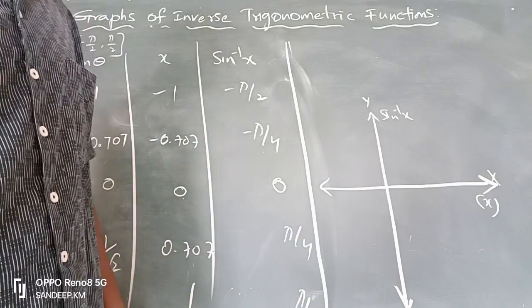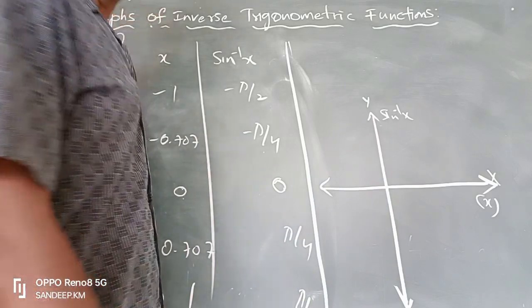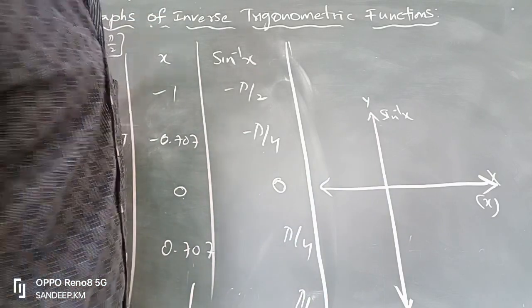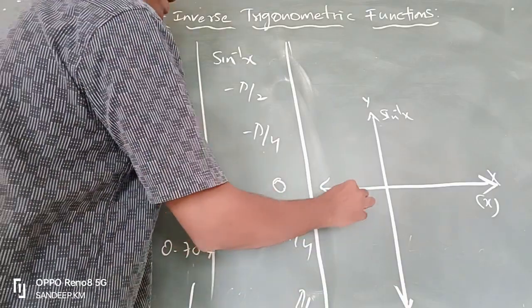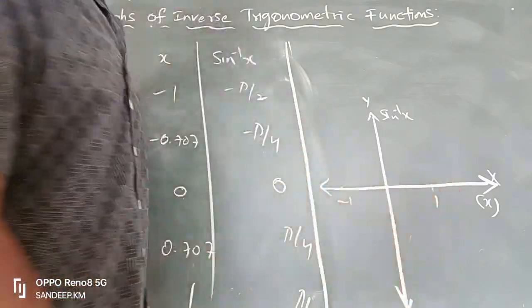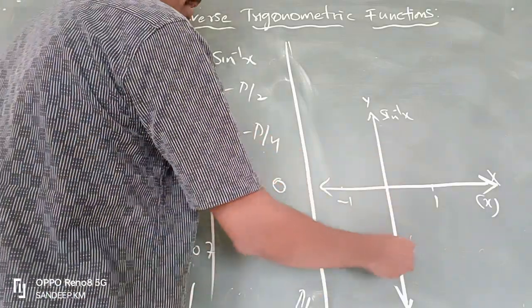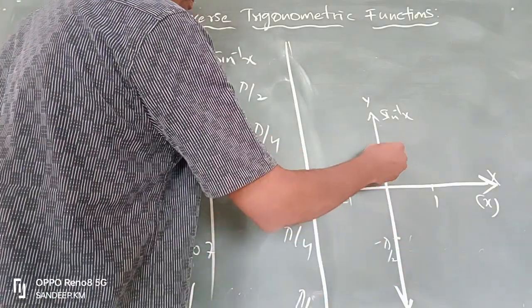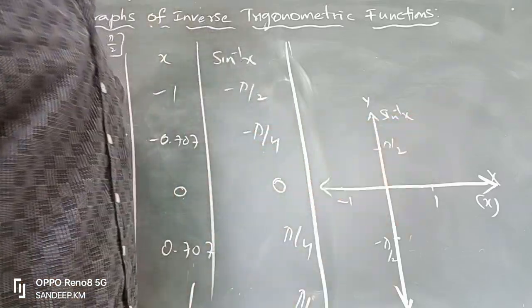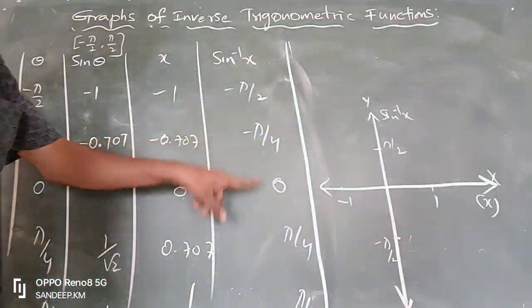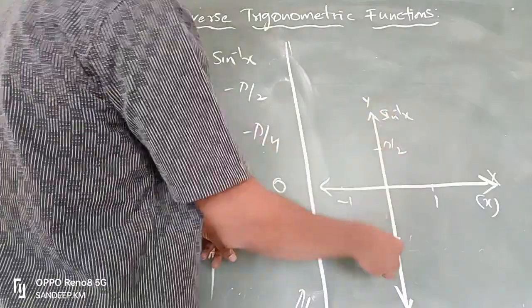What is the domain of sin inverse x? It is from minus 1 to plus 1. And what is the range of sin inverse x? It is minus pi by 2 to plus pi by 2. You got it? Some more values, let me mark it on the y-axis.